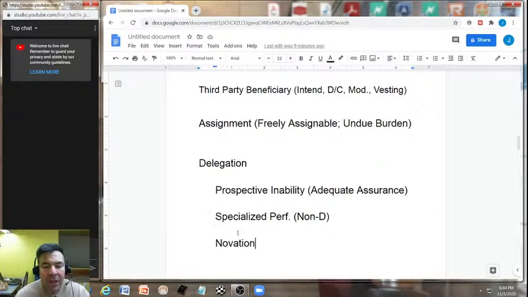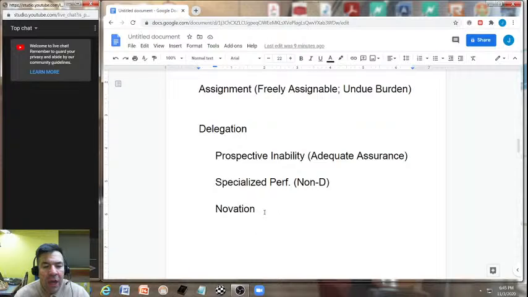Then is our delegation of performance a performance that is a specialized performance by education, skill, or training, which would make it a non-delegable duty and non-delegable performance, and has there been novation? And if that's the case, then the party who delegated their performance is no longer secondarily liable.